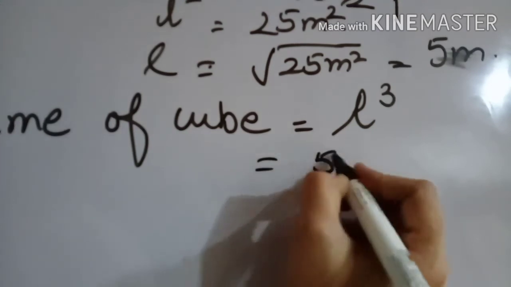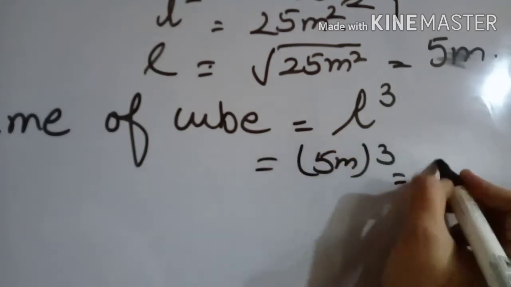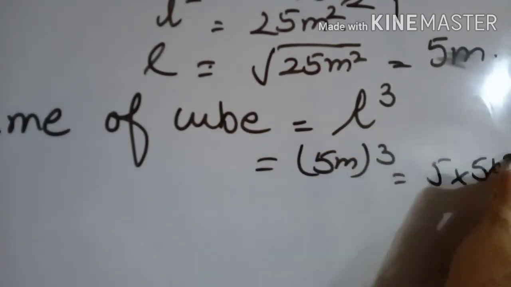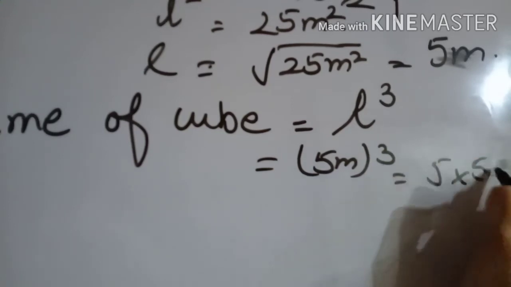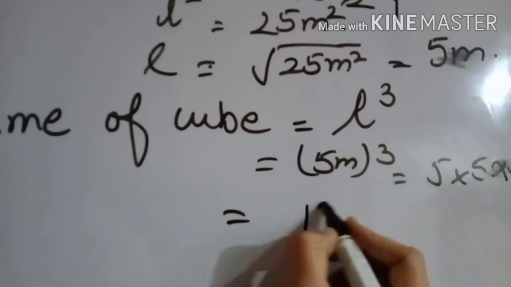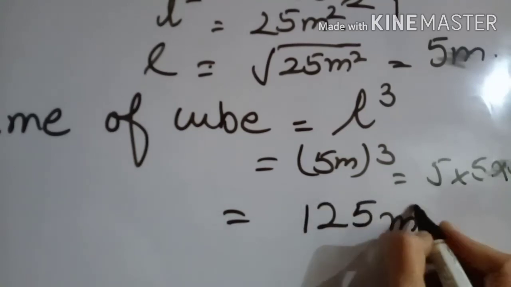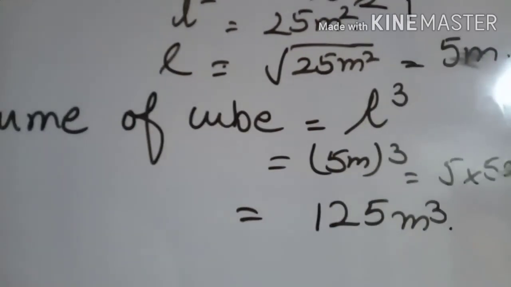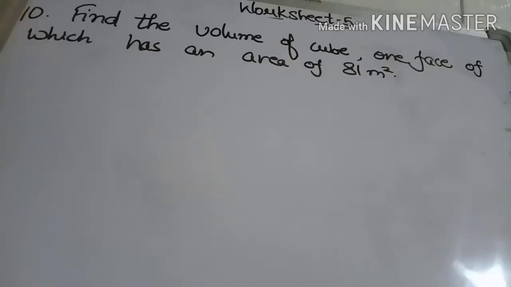So L cube means 5 cube, that is equal to 5 into 5 into 5 meter cube. 5 fives are 25, 25 into 5, 125 meter cube. So in your conclusion line you can write that the volume of the cube is 125 meter cube.